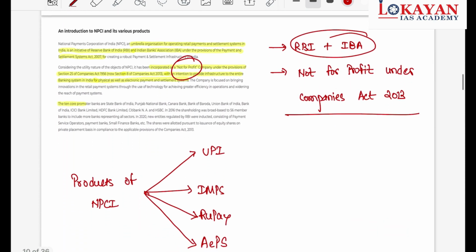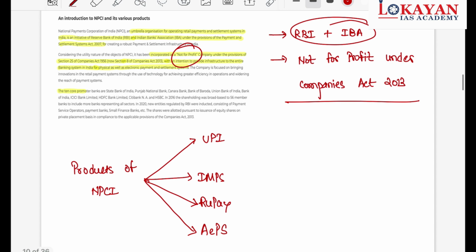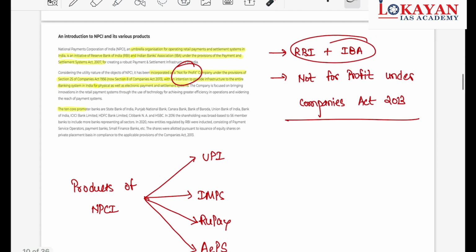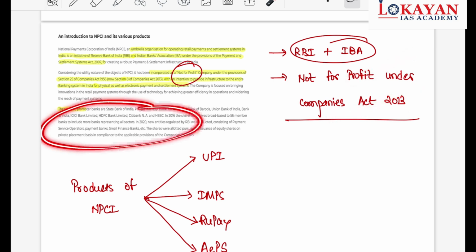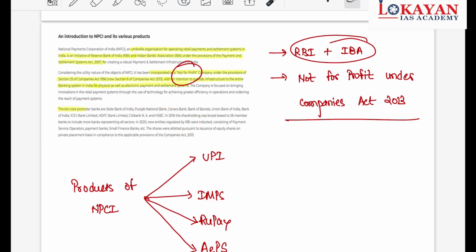NPCI first. What is NPCI? NPCI is an initiative of the Reserve Bank of India and Indian Banks Association. It is registered as a not-for-profit under the Companies Act. These are the 10 promoter banks of NPCI.